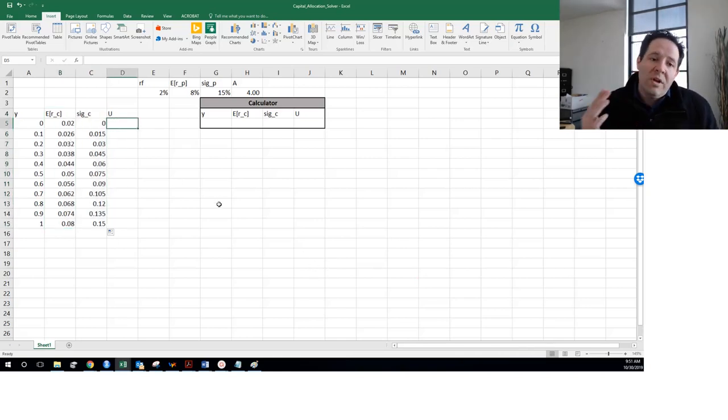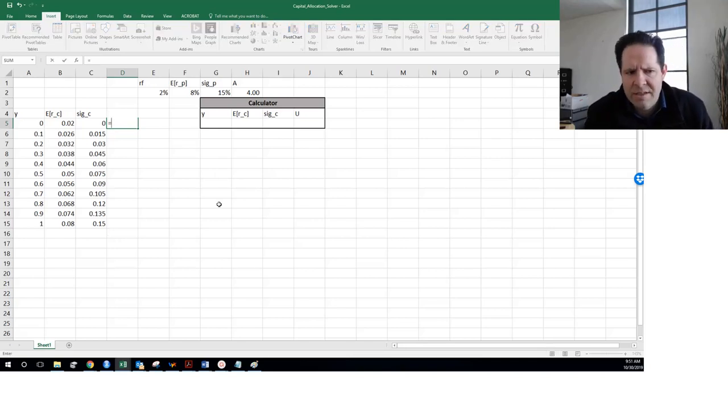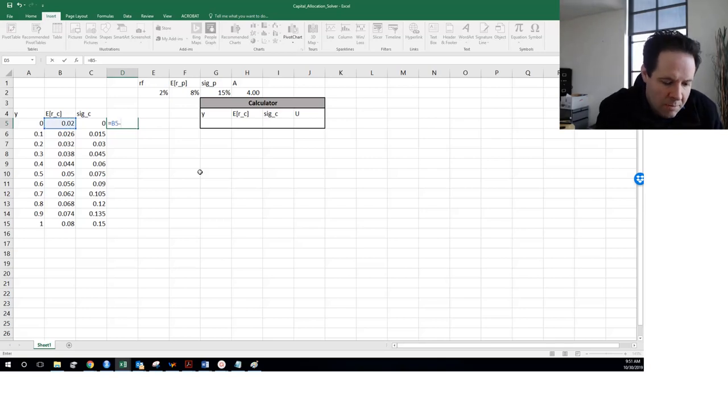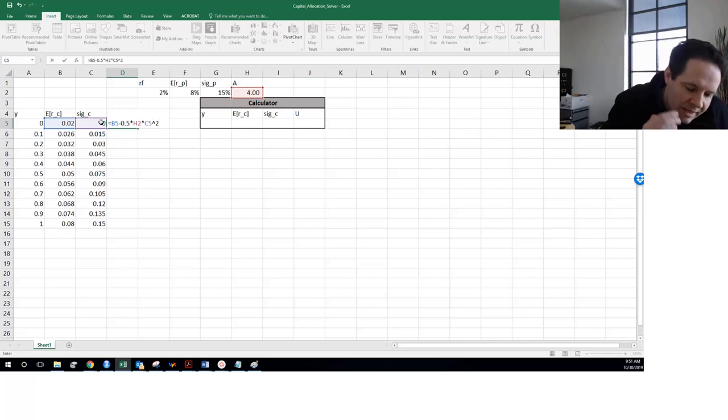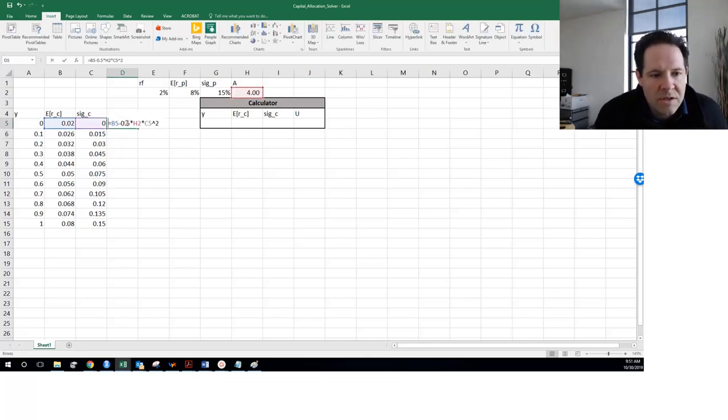Now, we could brute force this and ask, what is the utility function using the standard investor mean variance utility? You can see here in this example, I've said that the investor's risk aversion is going to be 4. Well, how do we calculate this? We do expected return minus 1/2 times the risk aversion times the standard deviation squared, and that gives us the investor's utility.